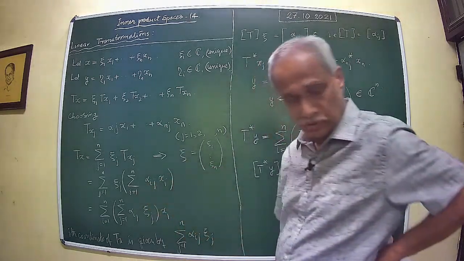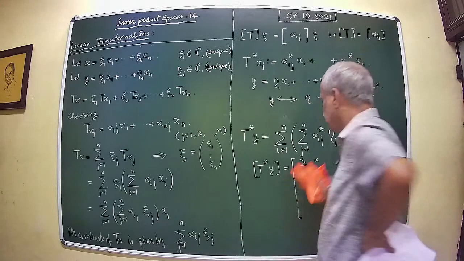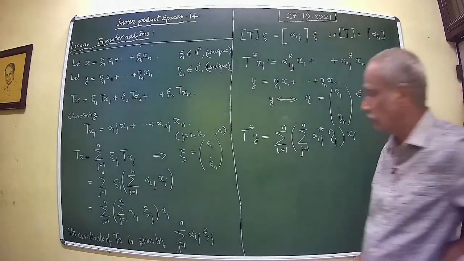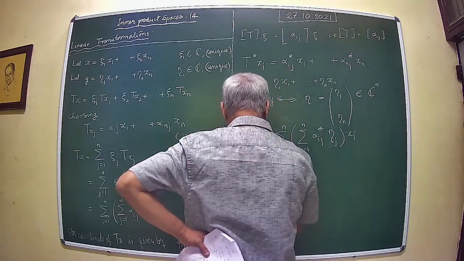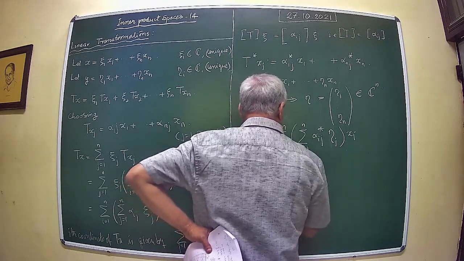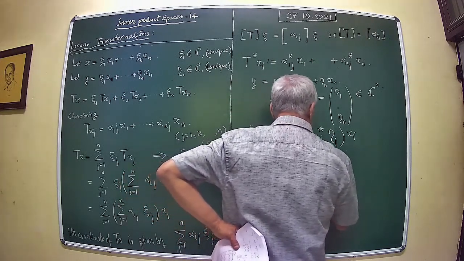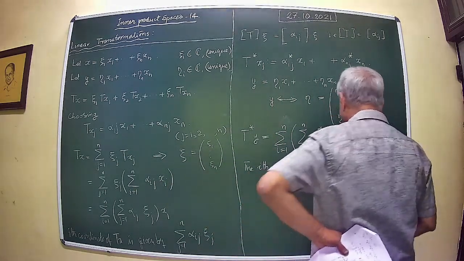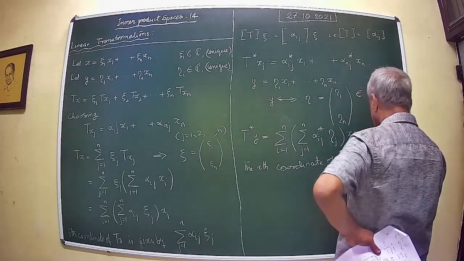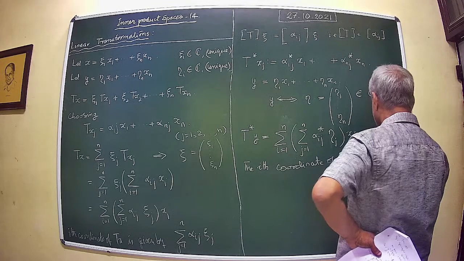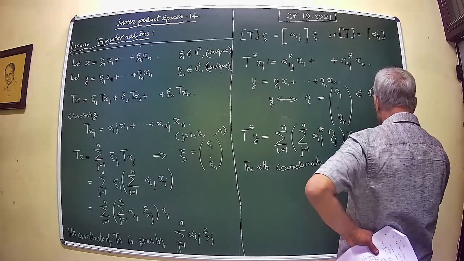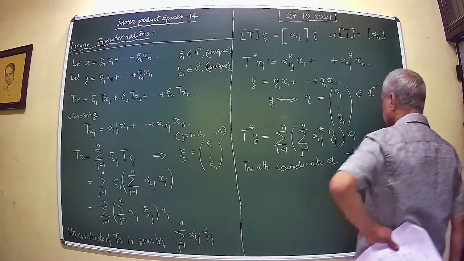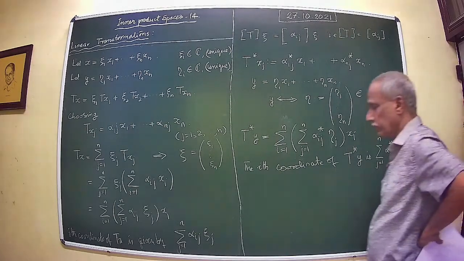or I can use the same terminology, the ith coordinate of eta j. That is the ith coordinate of that.